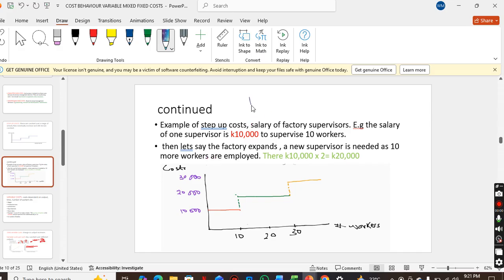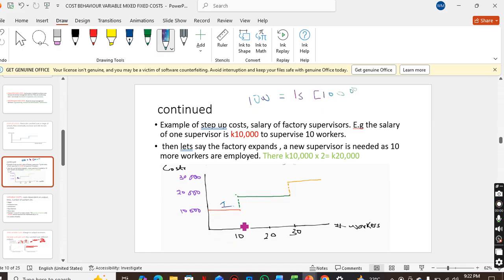For every 10 workers, you need 1 supervisor. Let's say this supervisor's salary is $10,000. So if your factory has 10 workers, you only need 1 supervisor, and you'll be paying him $10,000.